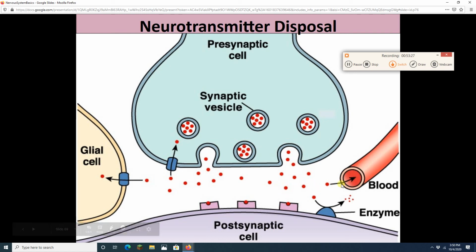They're going to diffuse away into the blood. They're going to diffuse away into a neighboring glial cell, like an astrocyte. They're going to be taken back up and recycled by the presynaptic cell. Or they're going to be chopped into bits by a nearby enzyme. And different neurotransmitters are more likely to undergo one of these versus the other.